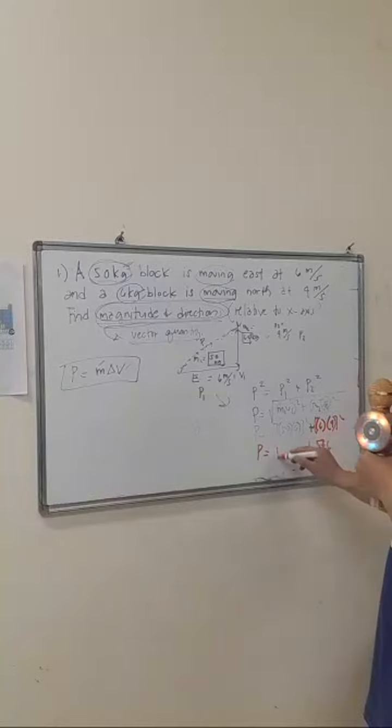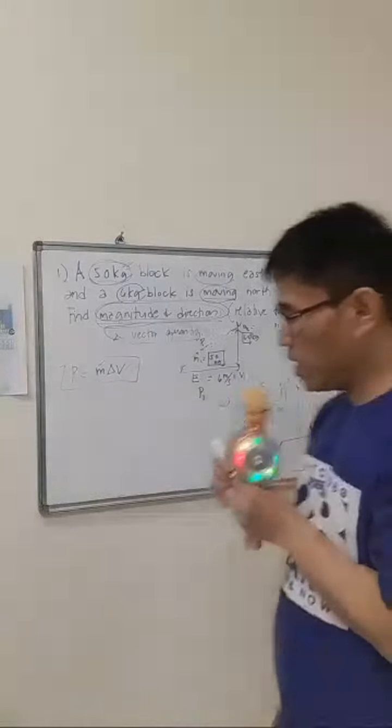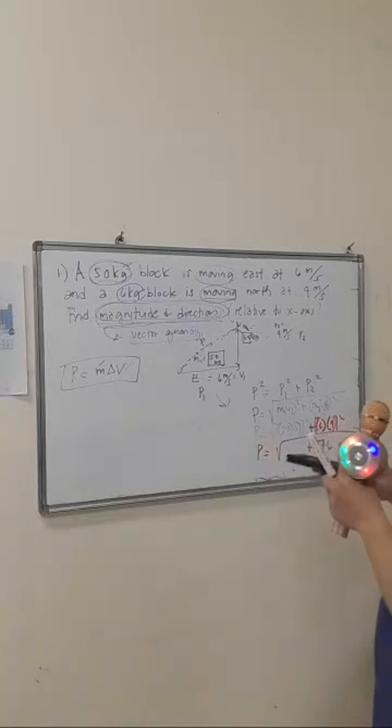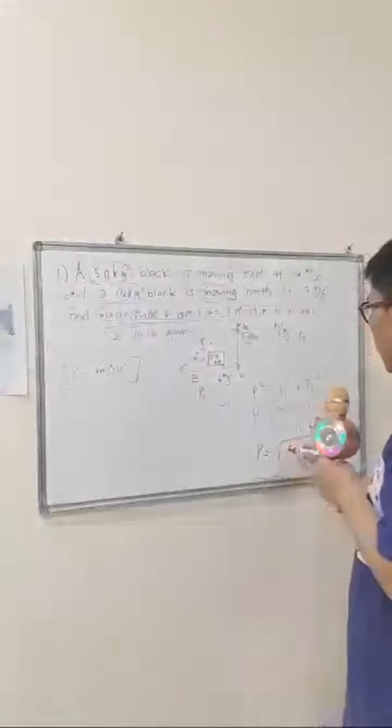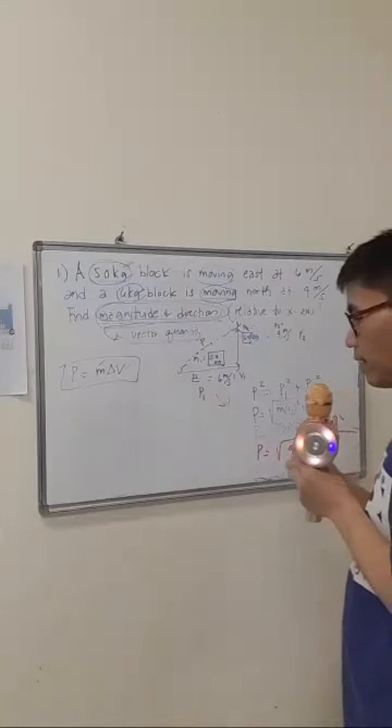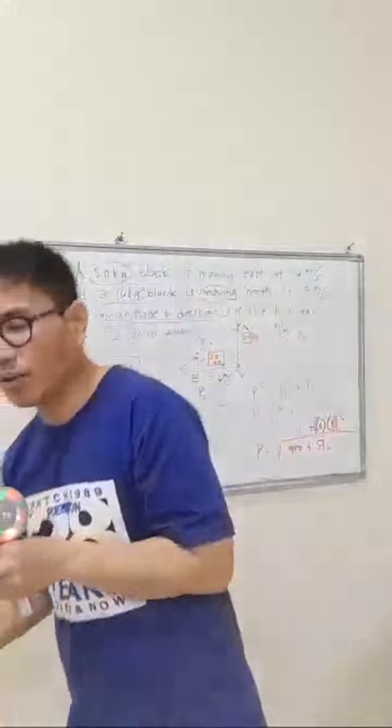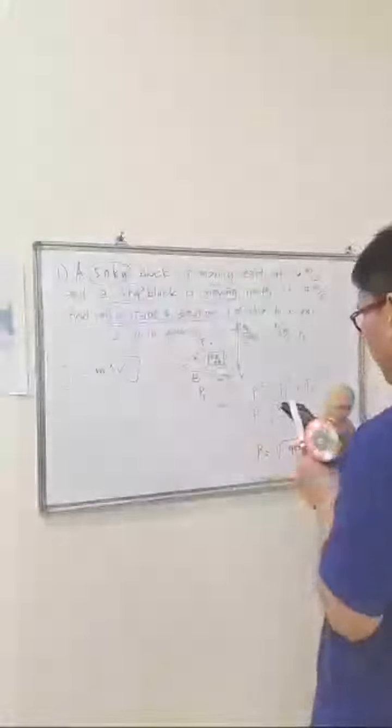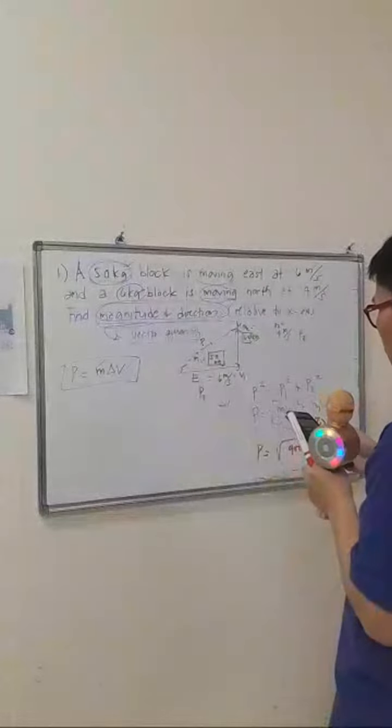And the other one, we have 5 times 6, right? Raised to the power 2, it's going to be 900. Okay, 900 plus 576, square root.